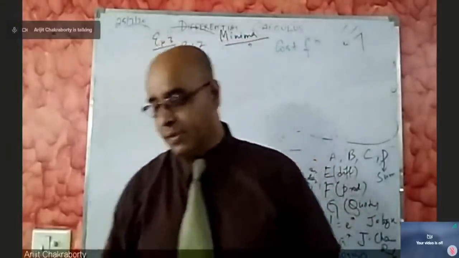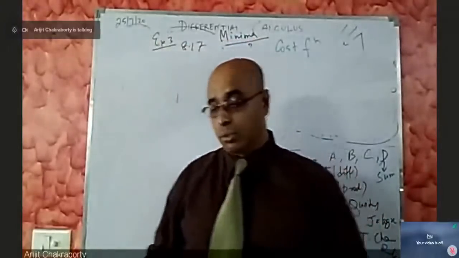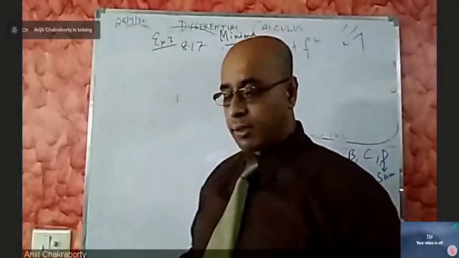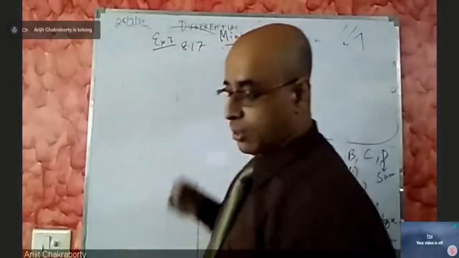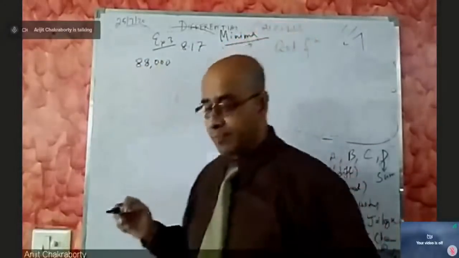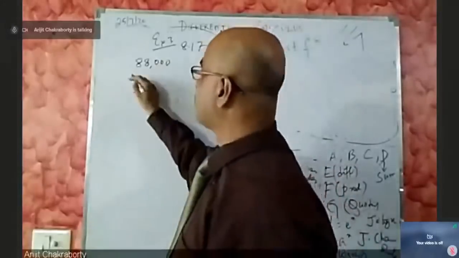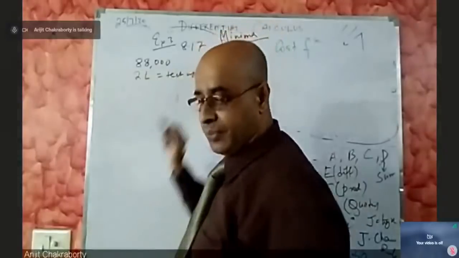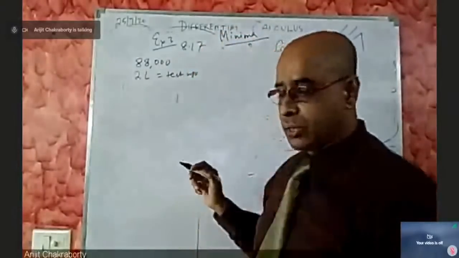Okay. It was observed that the company had to spend 2 lakh for the technical information. Fine. The cost of setting up the machine is 88,000. And the cost of producing each unit is 30.